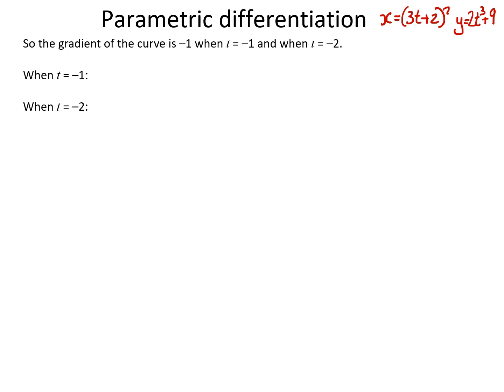I think it was. So that means that for t = -1, x equals (-3 + 2) all squared, which is 1, and the y would be 2 times -1, which is -2, plus 9, which equals 7.